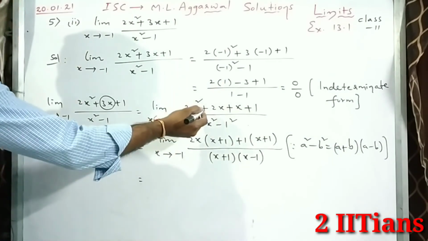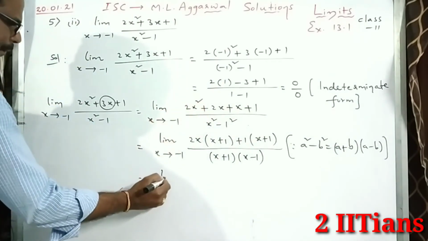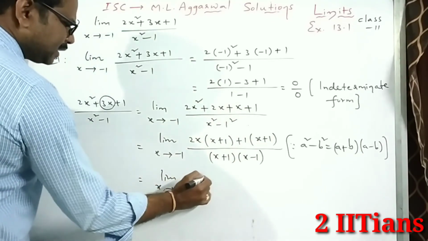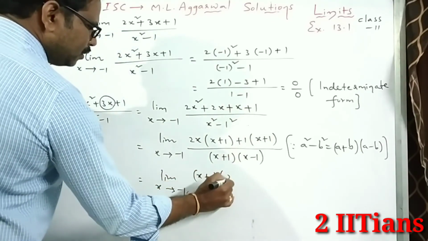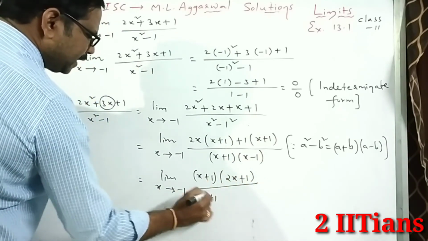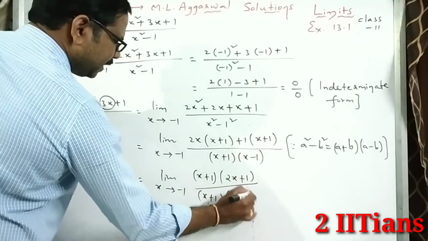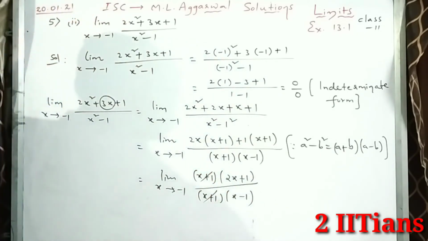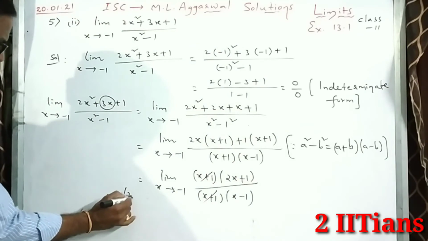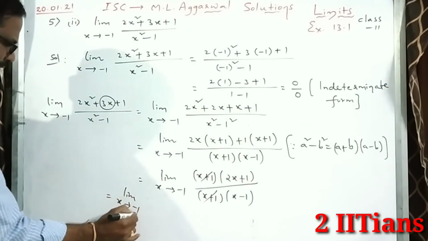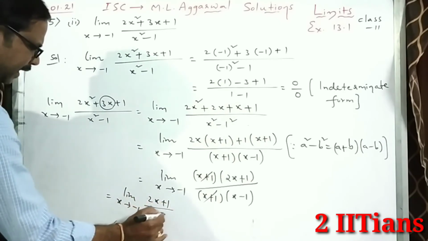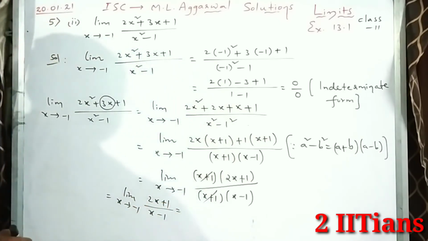It's high school algebra. Limit x tends to minus 1, take x plus 1 common: 2x plus 1 upon x plus 1 into x minus 1. The x plus 1 gets cancelled. So what is remaining is limit x tends to minus 1 of 2x plus 1 upon x minus 1.